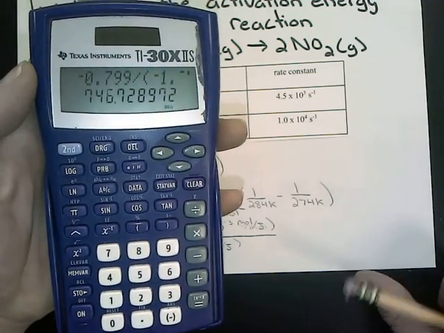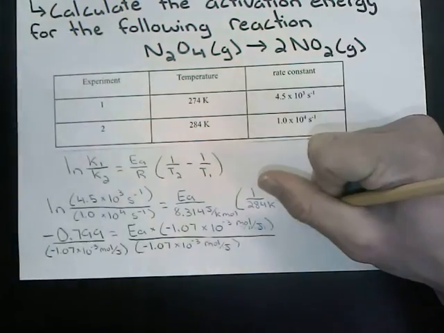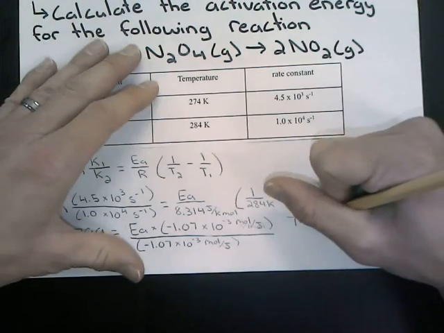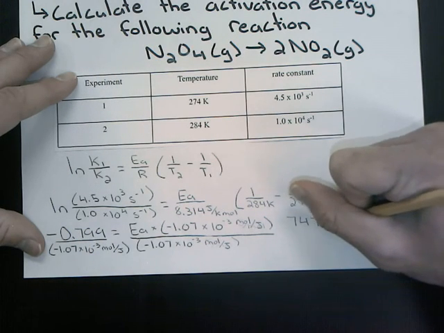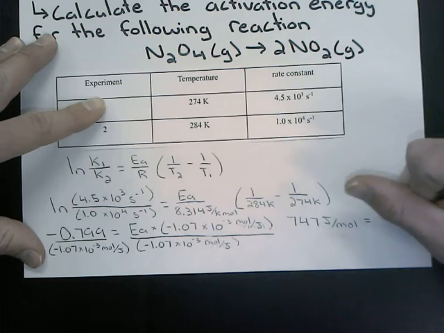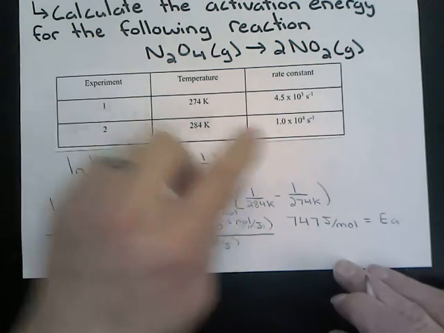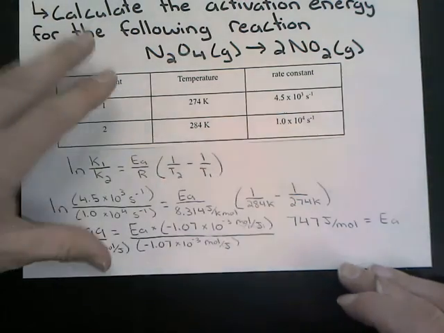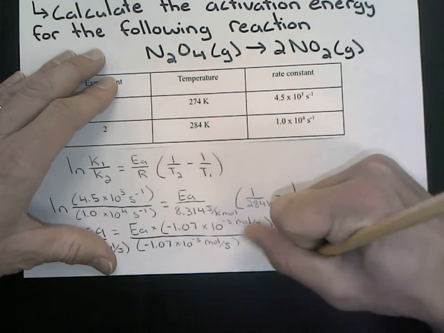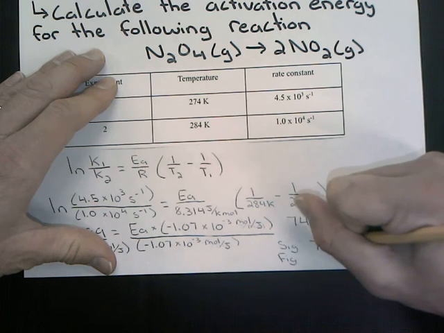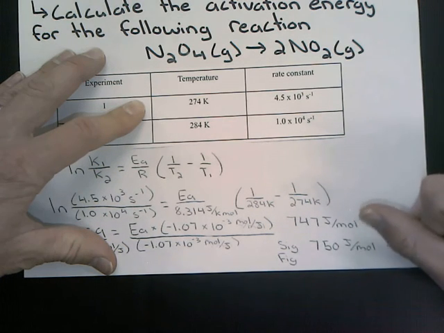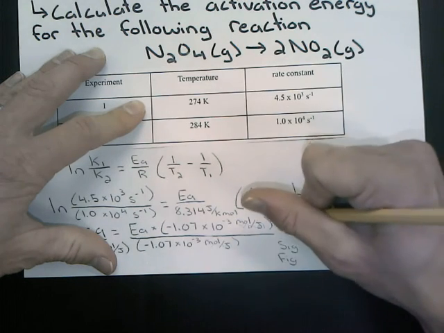So you get a value in our calculator of 747 joules per mole is our activation energy, or our EA. Now, like I said, because of sig figs, this would actually round to 750. So if you want to put sig figs down here, this would be 750 joules per mole as our EA, or our activation energy.